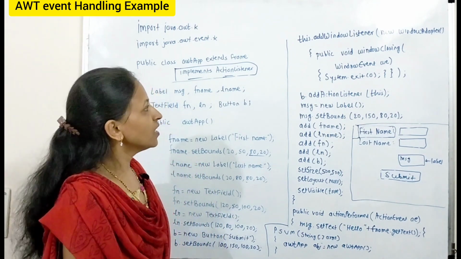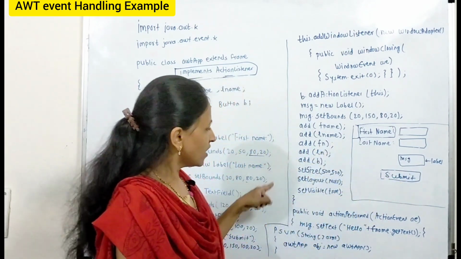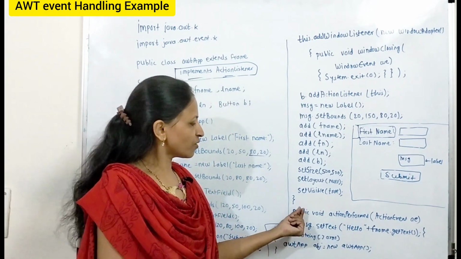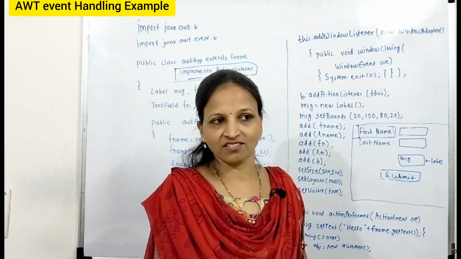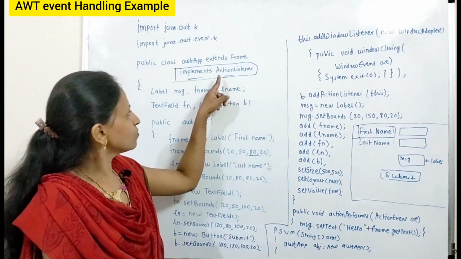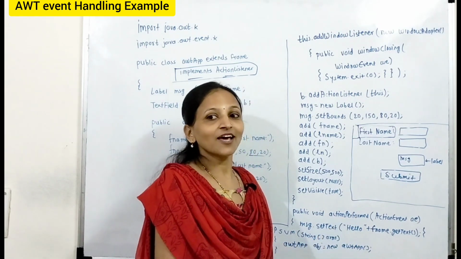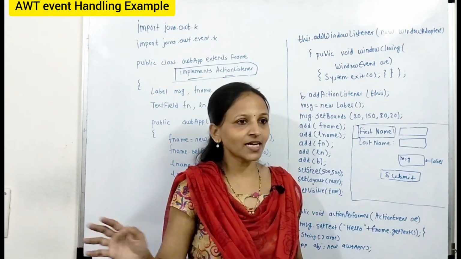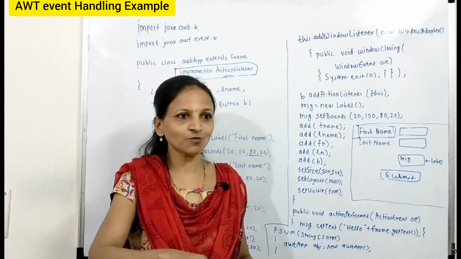It is compulsory. Now the next point: you know that whenever we click on this submit button, the actionPerformed method will be executed. How do we write that actionPerformed? Public void actionPerformed, which takes an object of ActionEvent. Suppose you are considering a mouse event, then you have to write MouseListener, and there are multiple events for the mouse: mouseClicked, mouseExited, mouseEntered, meaning when you are just moving the mouse.